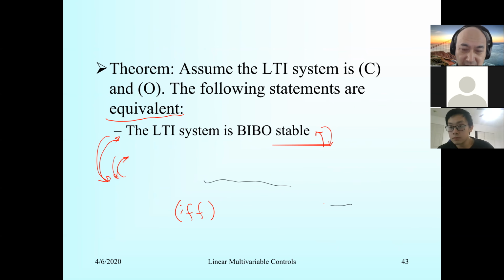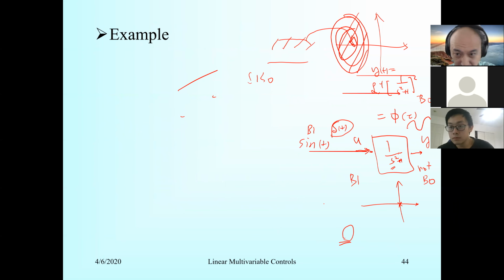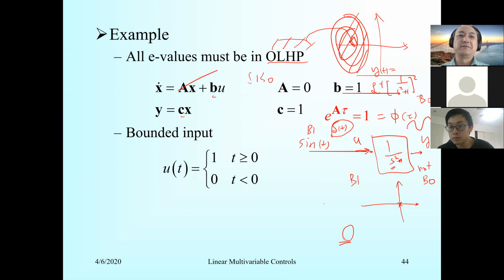So it's a good idea. We go to the textbook and see the procedure. It's about 2 pages. I gave an example of bounded input, not bounded output for a pure integrator.